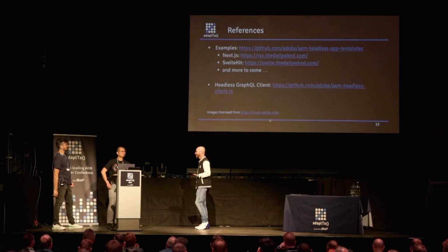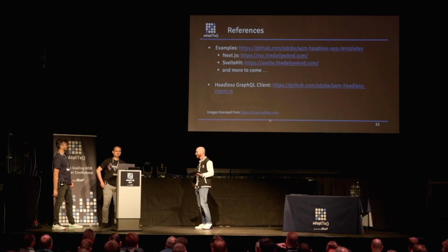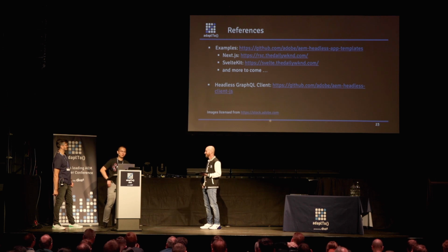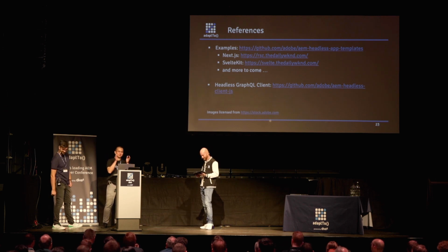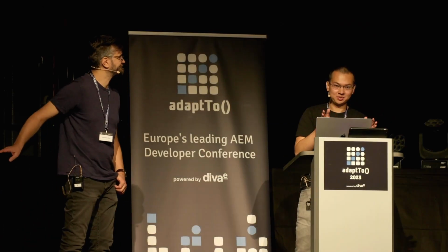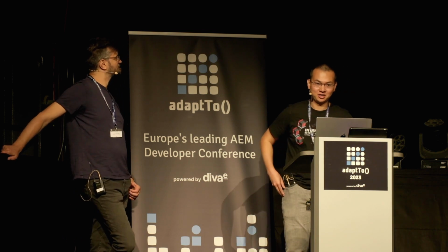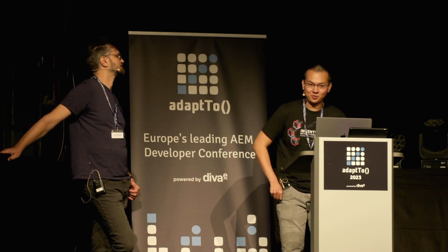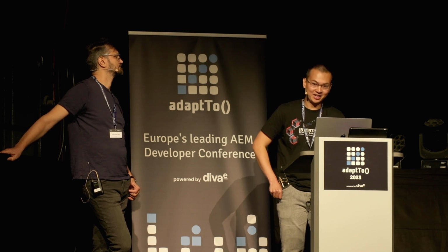Now, interesting question. Do you see this completely replacing Sling in the future? Well, no. As I mentioned before, we have two stacks. If you're a Java developer familiar with writing Java, I don't see any reason why you wouldn't keep doing it.